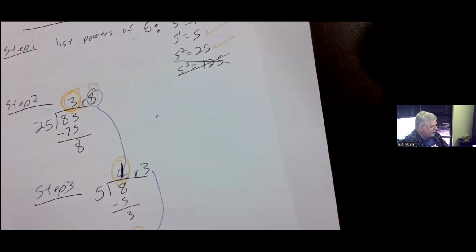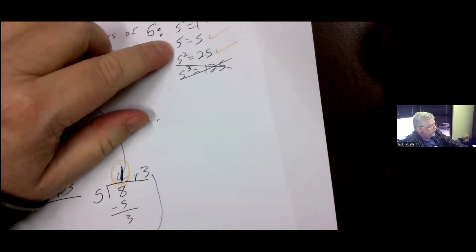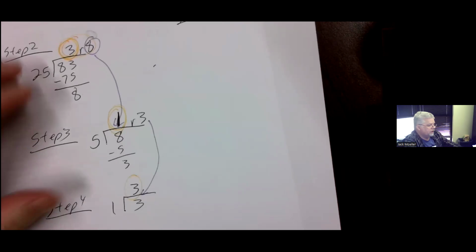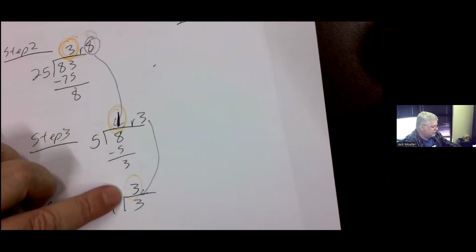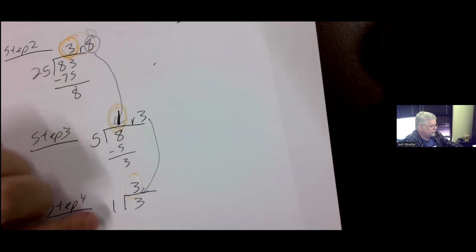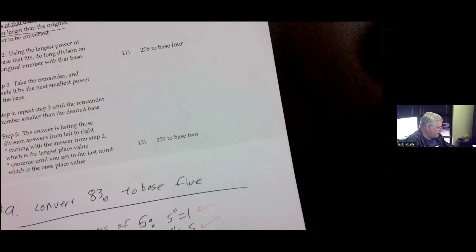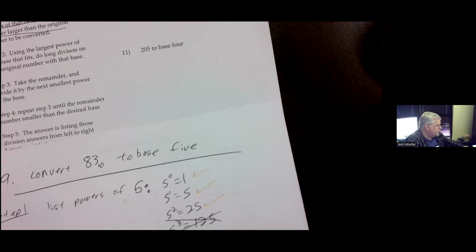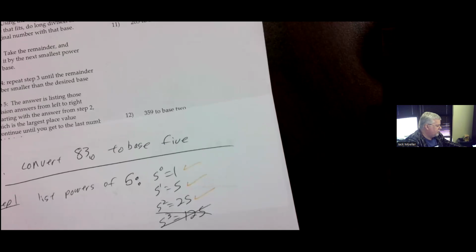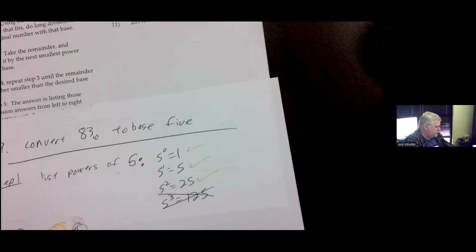But we have 3 powers that we need, so we need 3 divisions, even though that last division is always just going to be whatever that remainder is, because we're always dividing by 1. So once we get down to 1, we're done. The answer is listing those division answers from left to right, starting with the biggest one and working our way down.